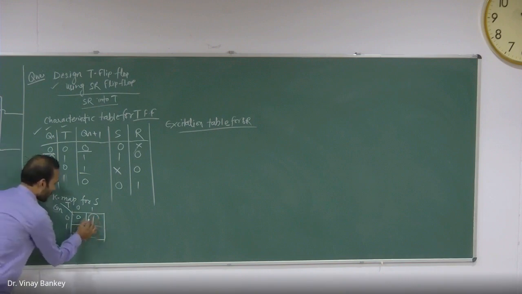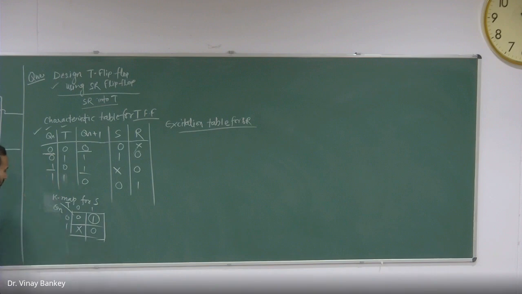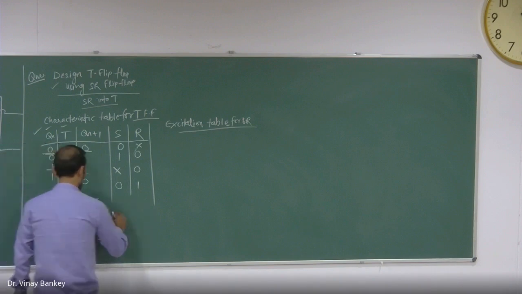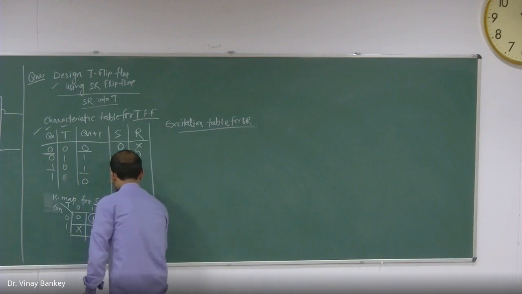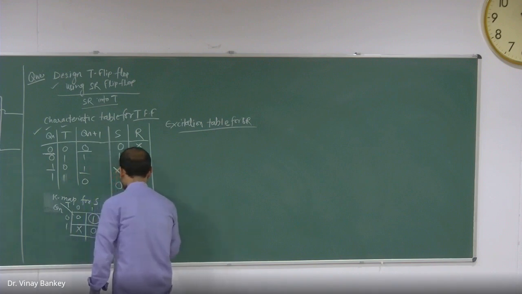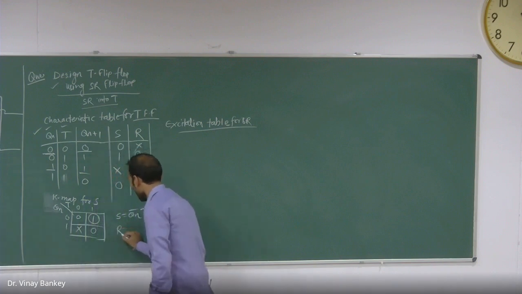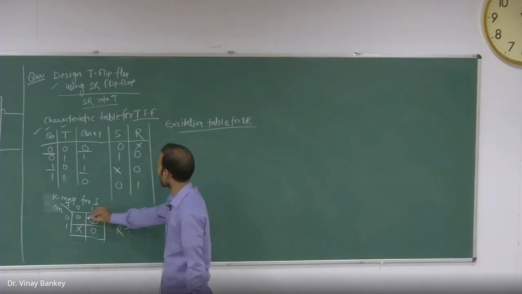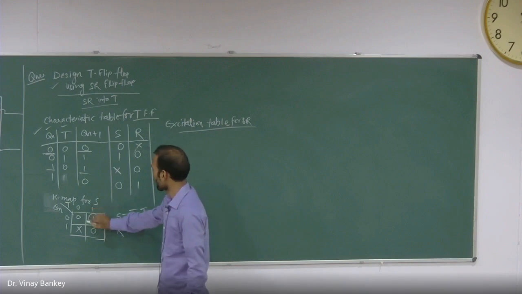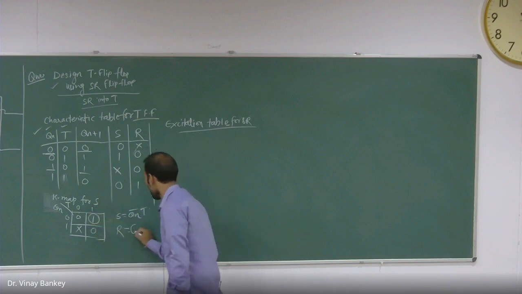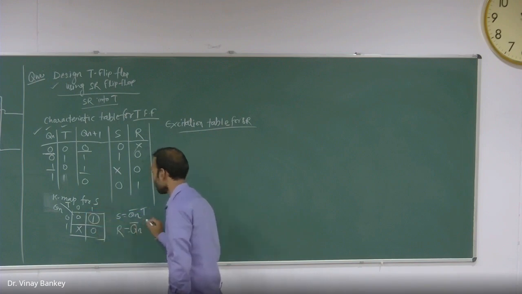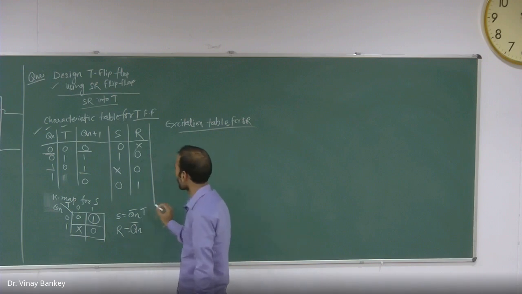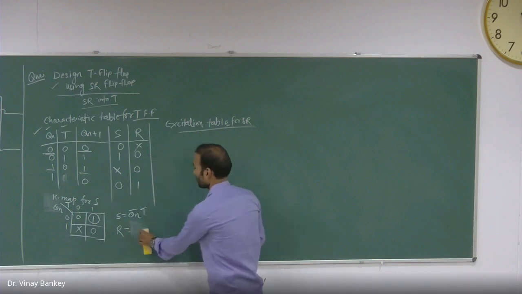So what is the expression you obtained for S? Good. S will be Qn bar T. And what will be R? Yeah, this will be Qn bar T, whatever it is, say it.